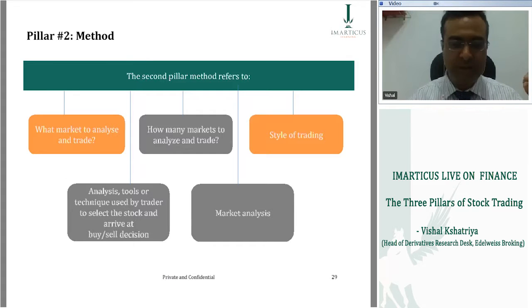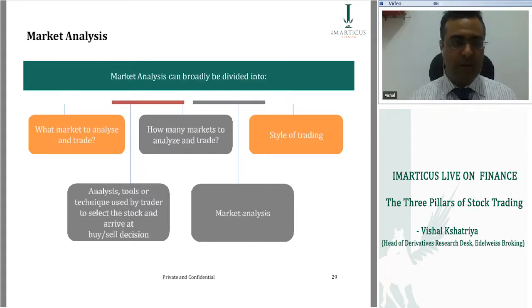You do know there are so many markets, and I will come to them one by one. Which market to analyze? And should I invest, or should I do short-term trading? Should I do only long-term trading, or only one-day intraday trading? The trader has to answer this himself based on his stress level.